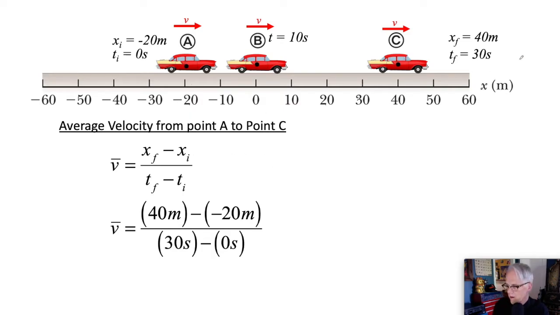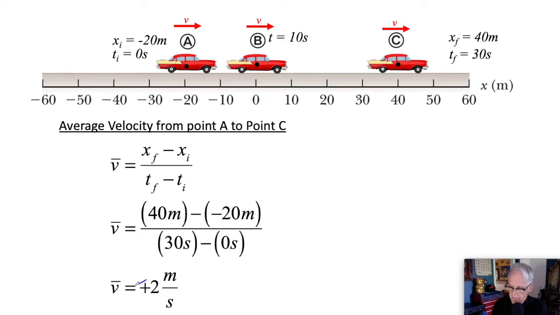And then our final time here is 30 seconds. And then our initial time is 0 seconds. You'll see often we'll leave off this initial time because a lot of times we're starting our stopwatch right at that, and that will always be 0.